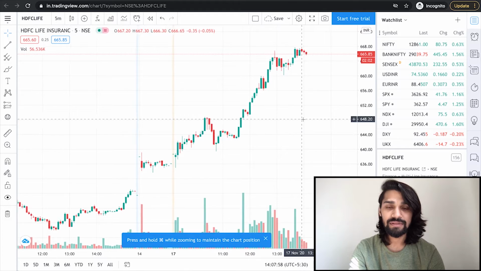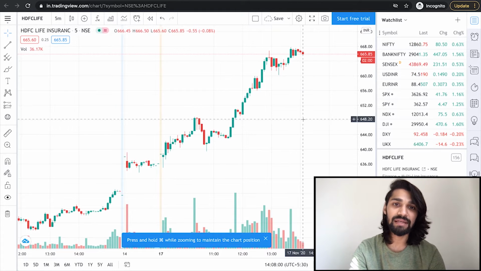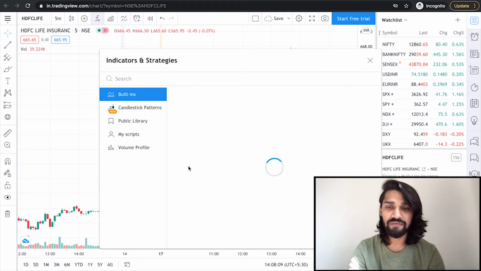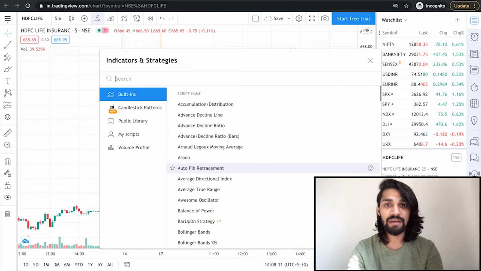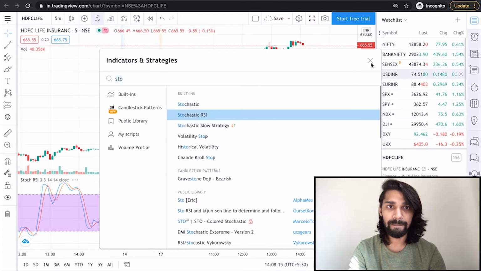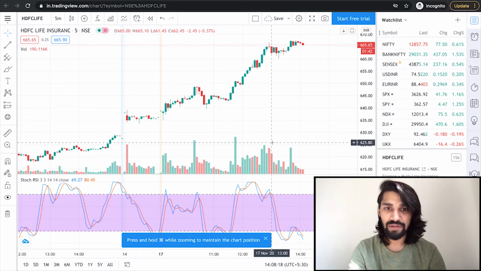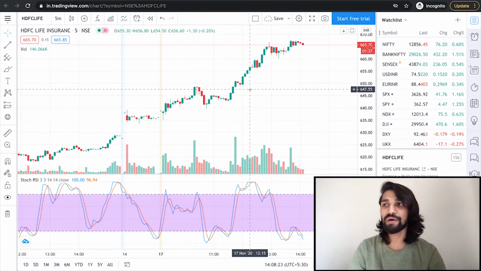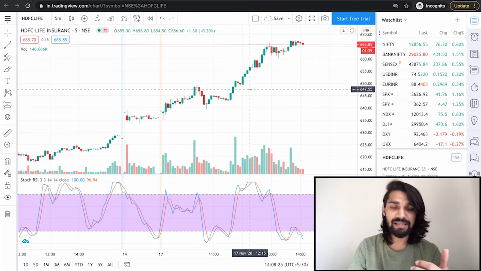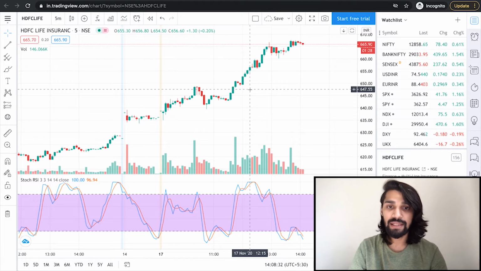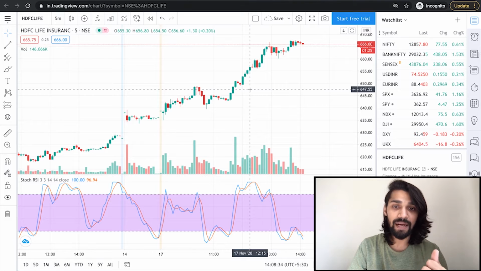Yeah. So today we'll be talking about three indicators which are good for intraday trading. Let's talk about the first indicator, which will be the stochastic RSI. Stochastic RSI is a mixture of the RSI, the one which we discussed previously, as in it tells you whether the stock is overbought or oversold, and it also generates buy or sell signals.